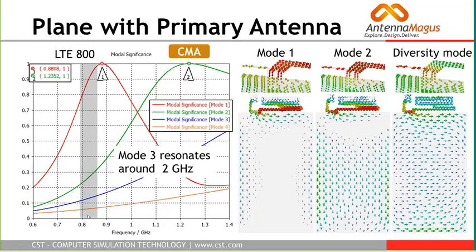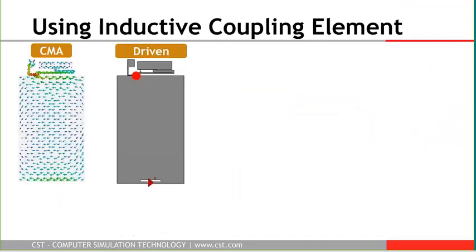It resonates around 2 GHz. Nonetheless, the mode exists, so we can place a coupling element and excite this mode as we did before. So this is a driven solution on the right.